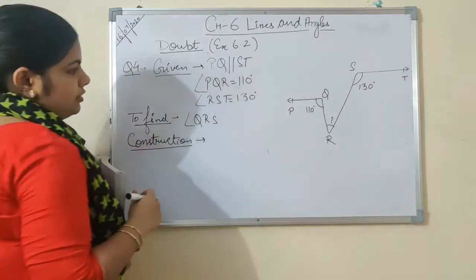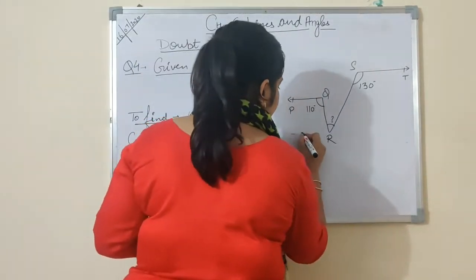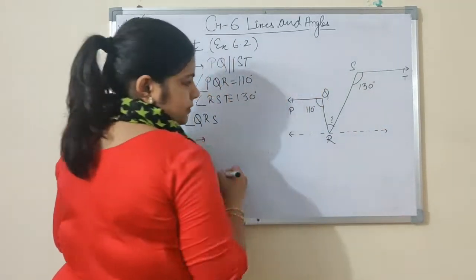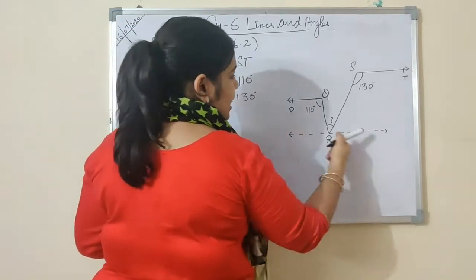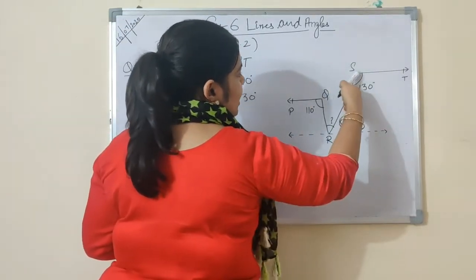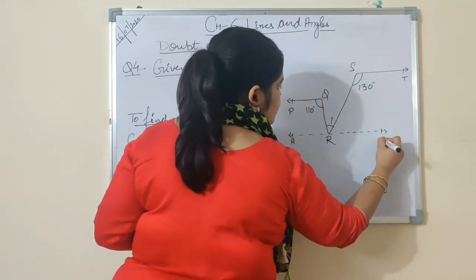Now in this construction, what am I doing? I am drawing a parallel line through this point R, and this line will be parallel to ST. I am taking it like this. So I am marking this as AB.